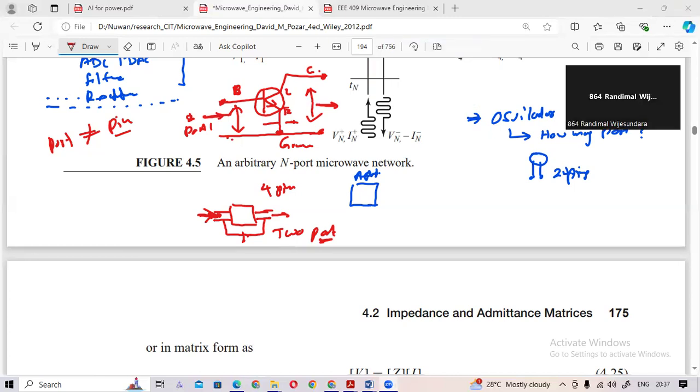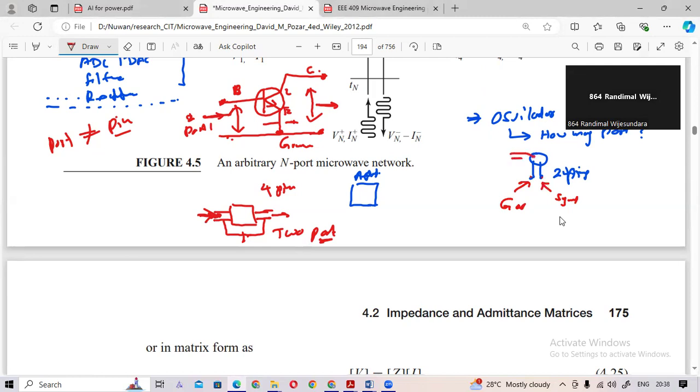Now, if you consider this oscillator, one pin is a ground pin and the other pin is a signal pin. So this is the ground pin and this is the signal. You have to power up this oscillator.